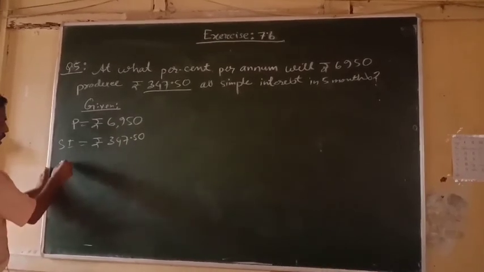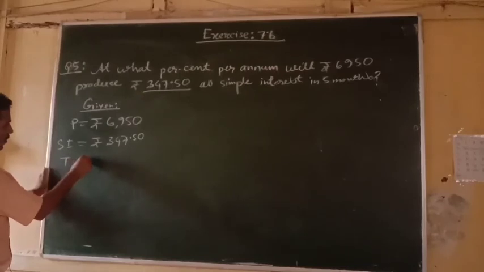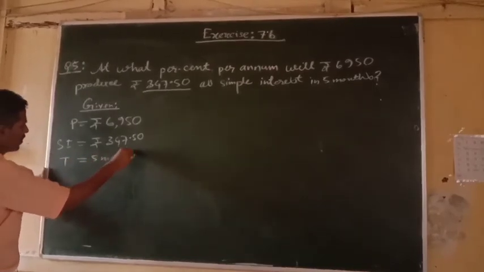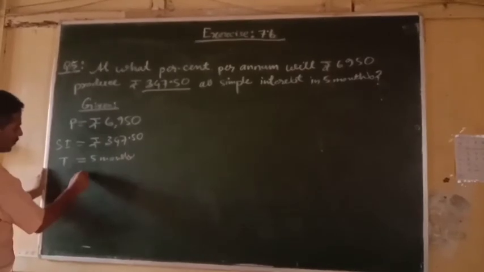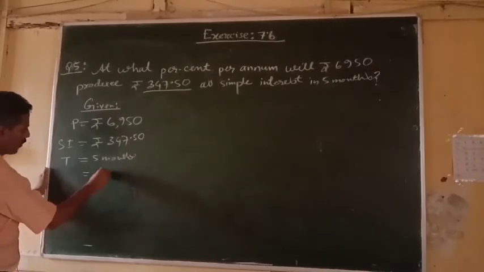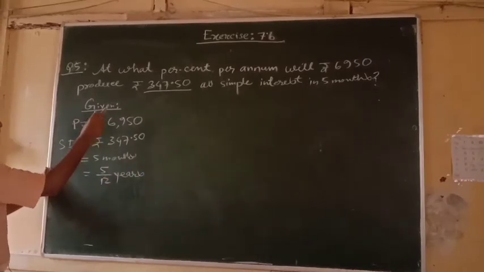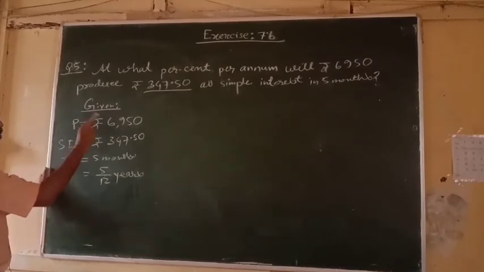So the time given is 5 months, which means 5/12 years.